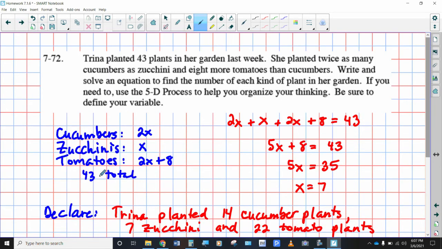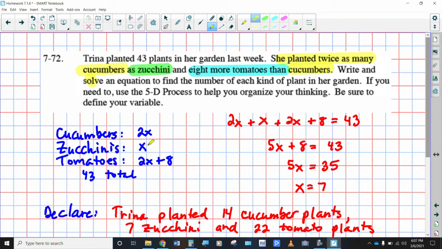All right, 5D process. Trina planted 43 plants in her garden last week. She planted twice as many cucumbers as zucchinis, and 8 more tomatoes than cucumbers. So part of me is thinking that we should make the cucumbers the x, and that would have to make the zucchinis half of an x.